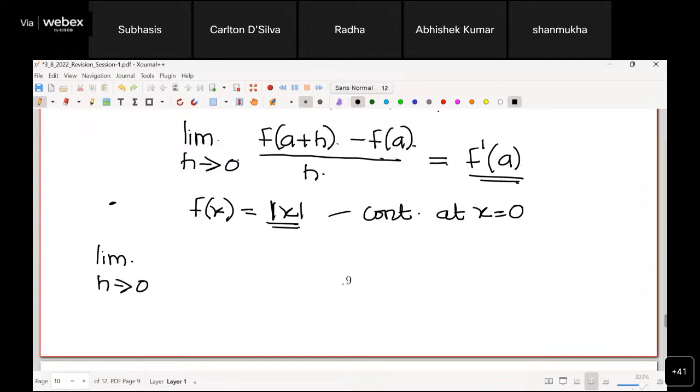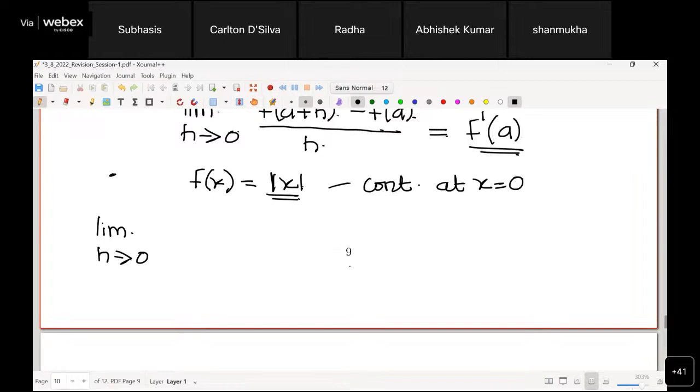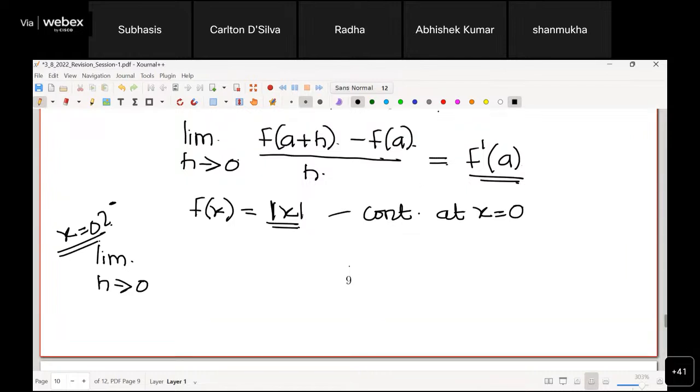Suppose you want to check whether this function is differentiable at x equal to 0 or not. So if you now try to apply this formula, limit h tends to 0, f of a plus h minus f of a by h. Here our a is nothing but 0, right? We are checking basically the derivative of the function at 0, right?